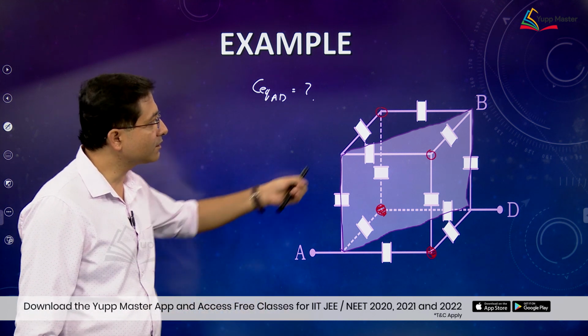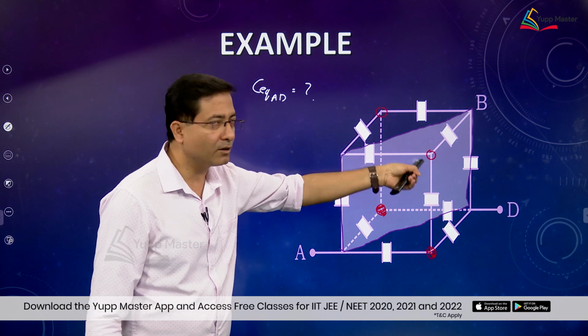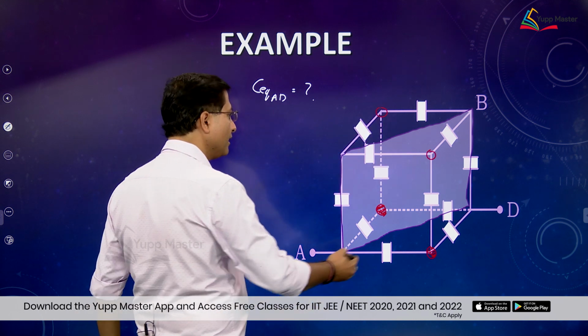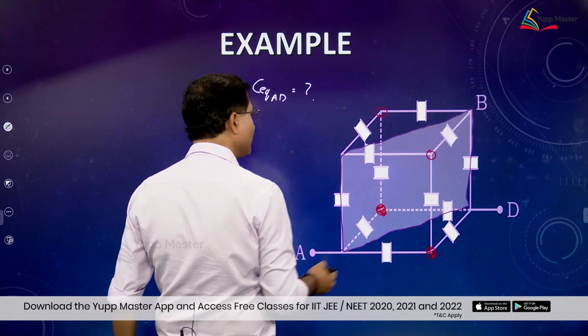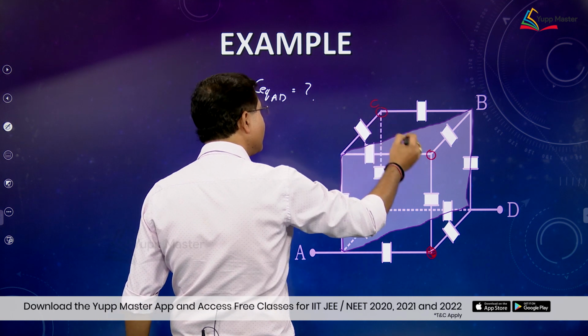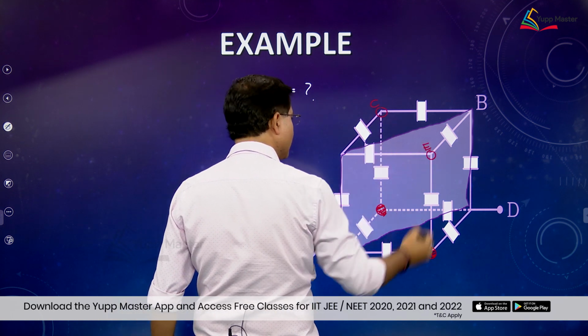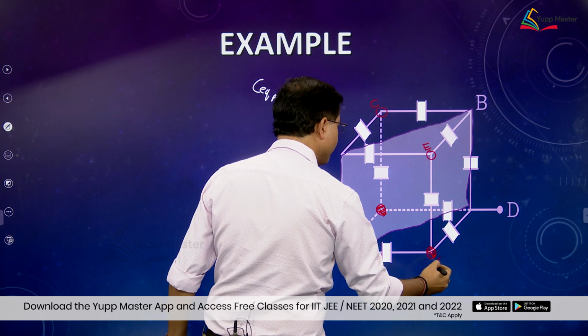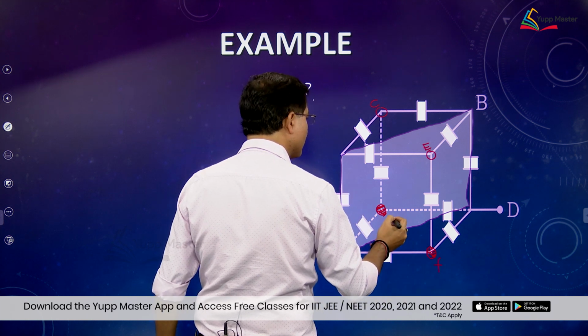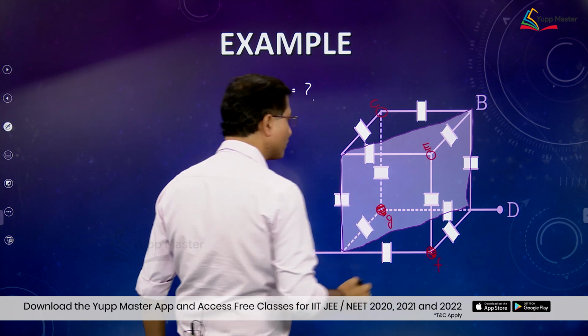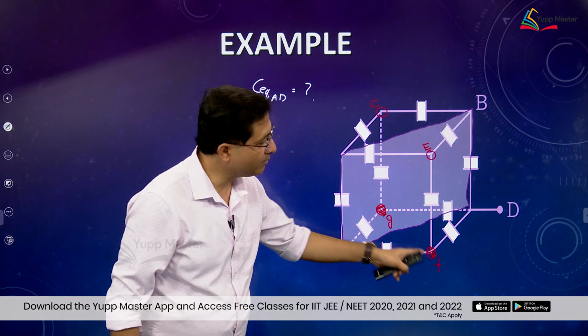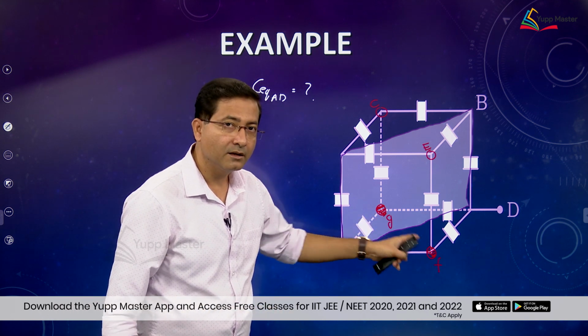So just name the terminal and represent them by a single point. This is A, D, B, let us call it C, E, similarly this one F, and this one G. So what I am saying, as they have got the same potential, they can be named the same.